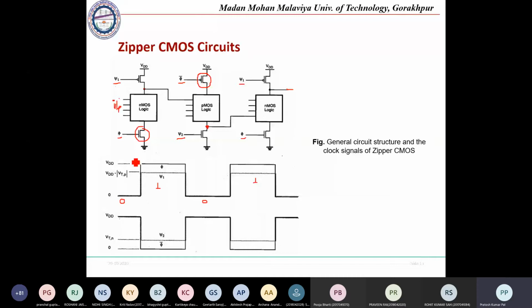Once the phi value is VDD, that means the NMOS transistor will be maximally at the on stage. It will not have any voltage drop, because this NMOS logic has strong logic for the one. So whatever one is there, it will have a strong logic in that.